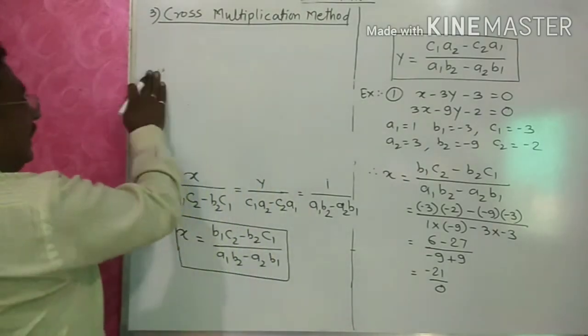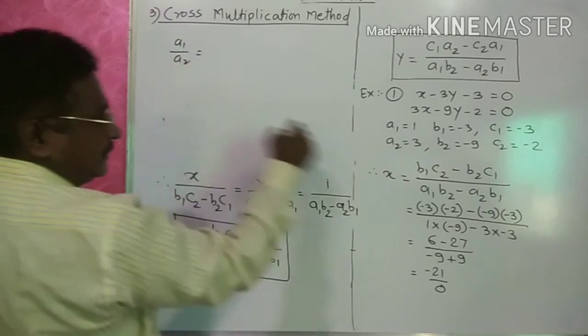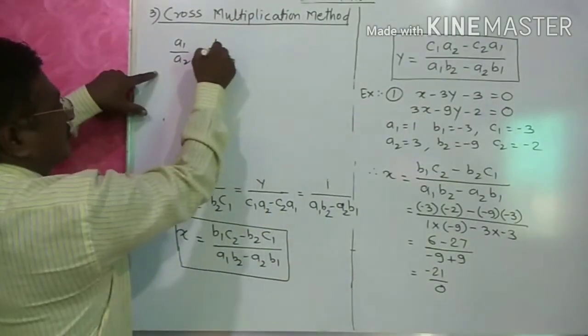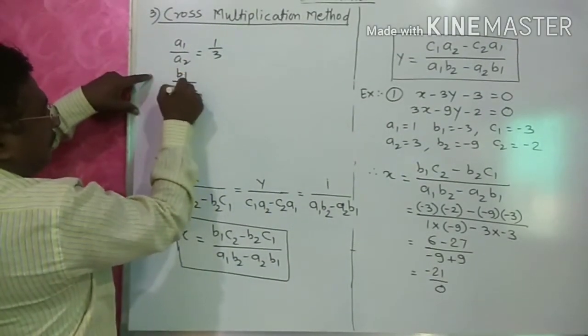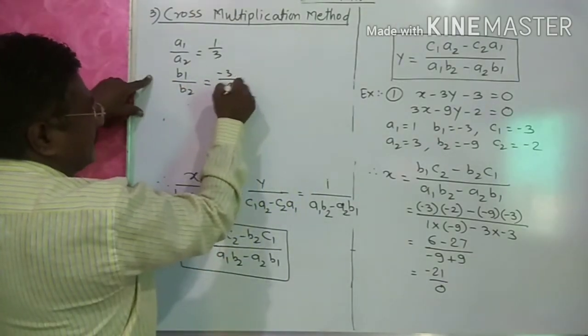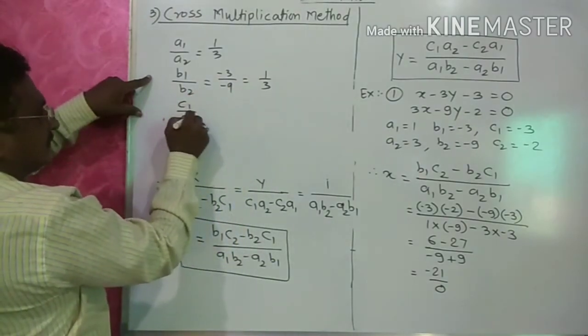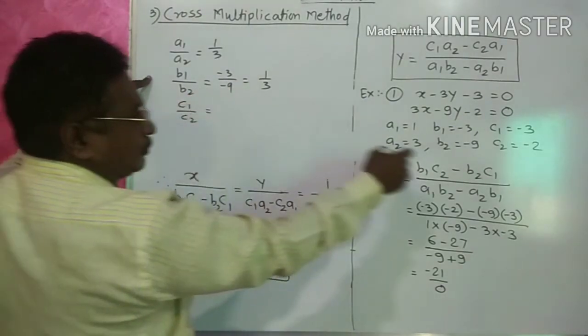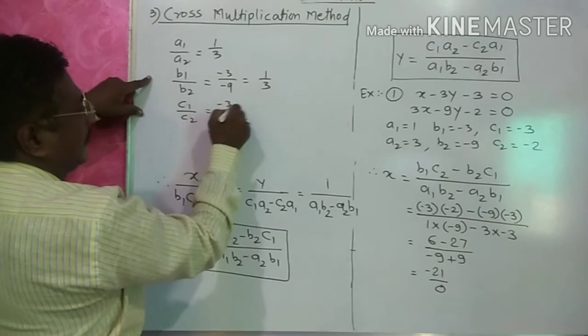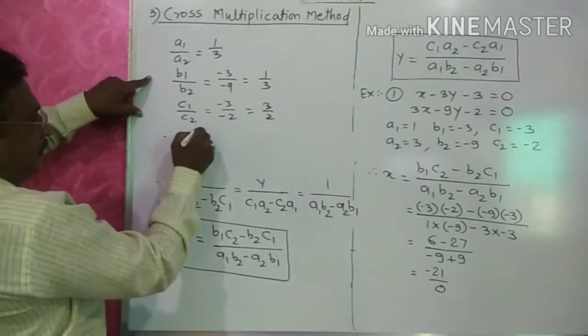What is A1 by A2? 1 by 3. B1 by B2? What is minus 3 by minus 9? It means 1 by 3. C1 by C2? What is minus 3 by minus 2? It means 3 by 2. So what can we conclude?